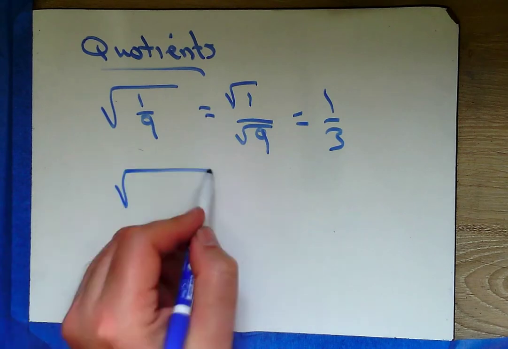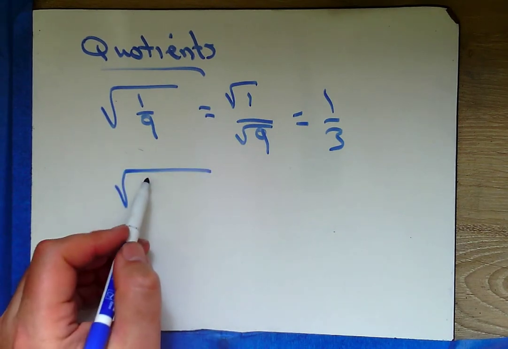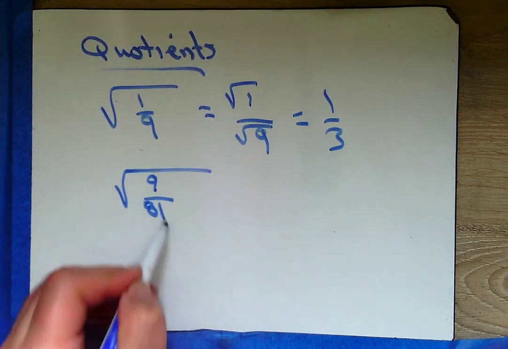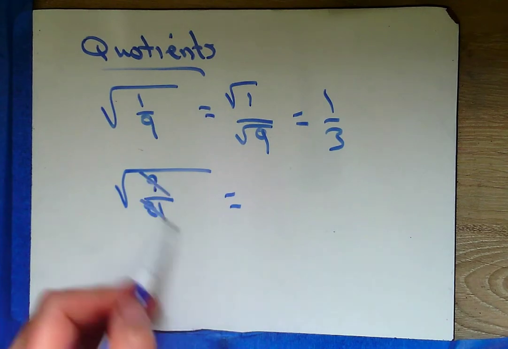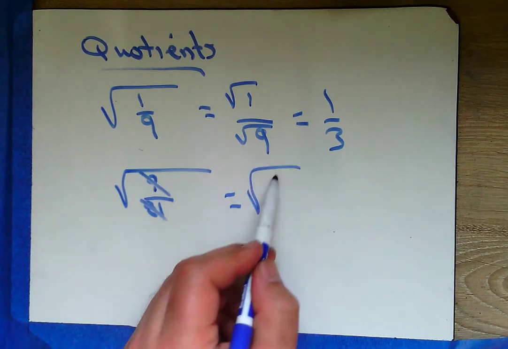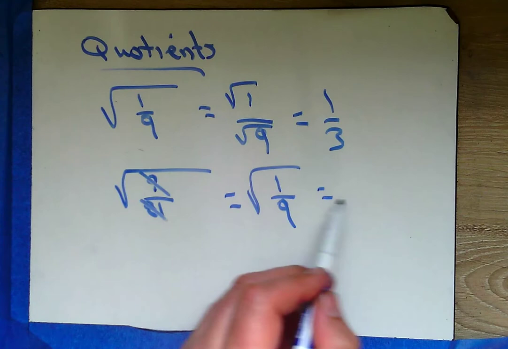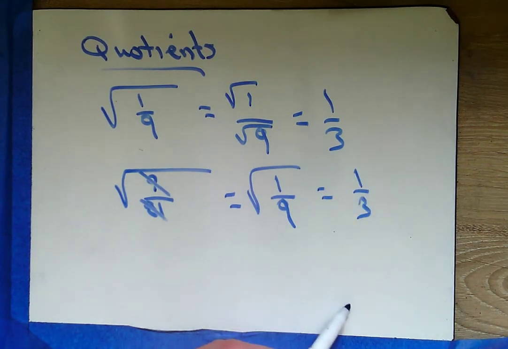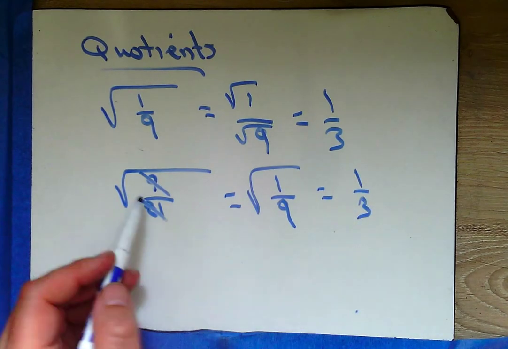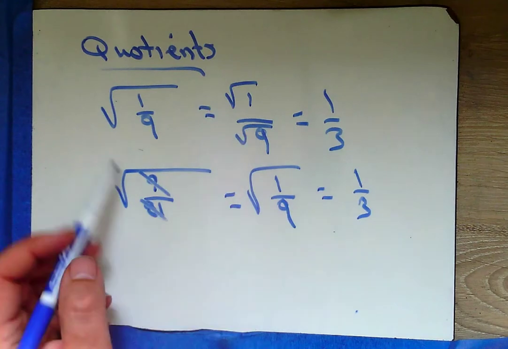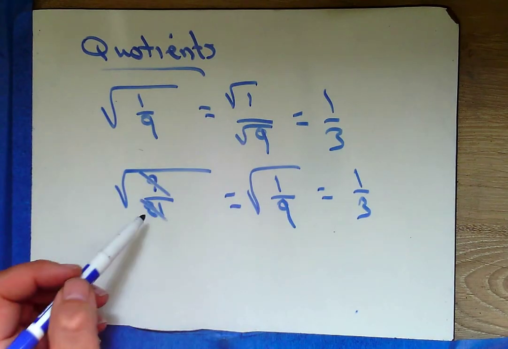Likewise, if you have something like 9 over 81, you can simplify inside of there first, like you don't have to break these up like we did here. You could actually simplify under the radical.